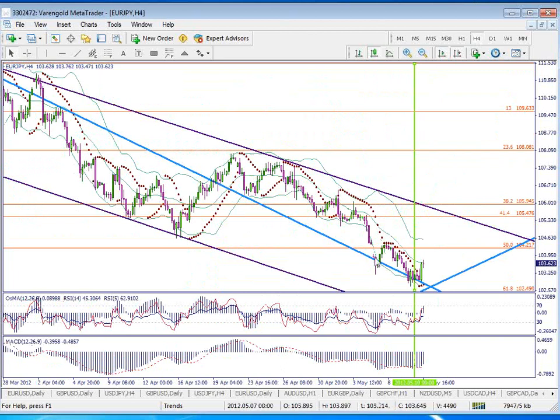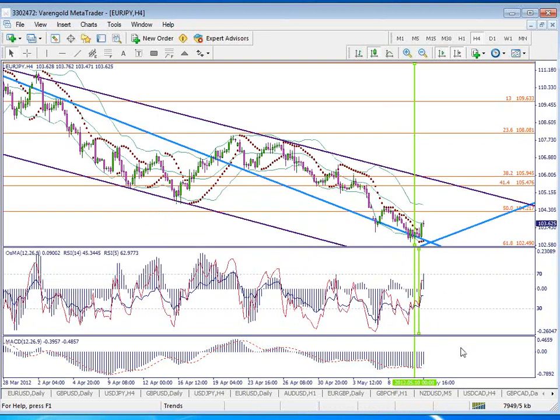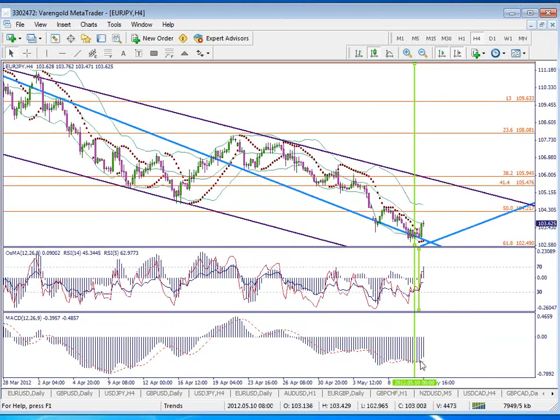If we go on 4-hour time frame, we can see that we already have the signal on 4 hours. We have the signal from crossover SI here, and here something like one confirmation from MACD. You can see it.